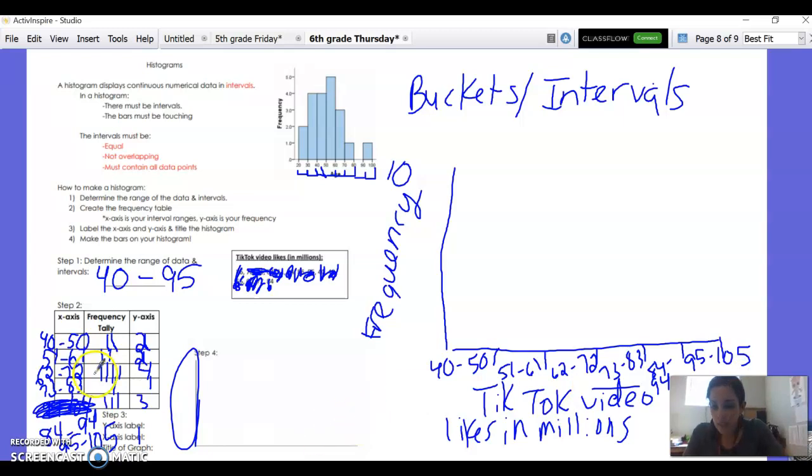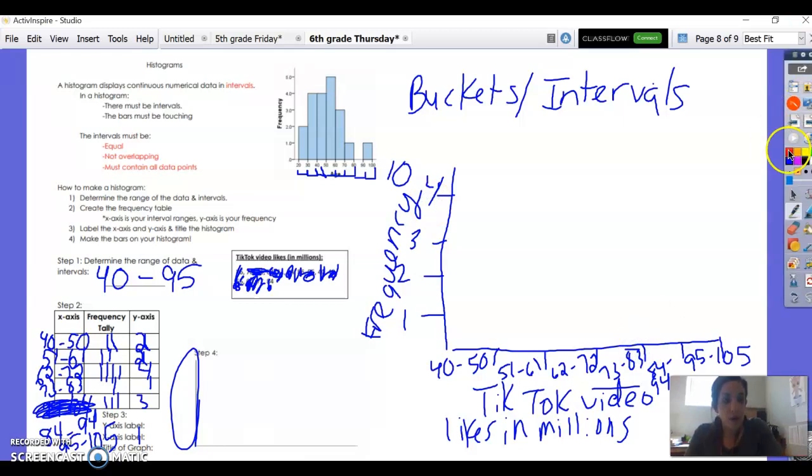My frequencies go from 1 up all the way to 4. So what I need to do is break this into 4 equal parts, and that represents the 4 different frequencies. Okay, so I am also making sure I include a range of my smallest to my largest number. So that's what my frequency should look like, and that is what my x-axis should look like.